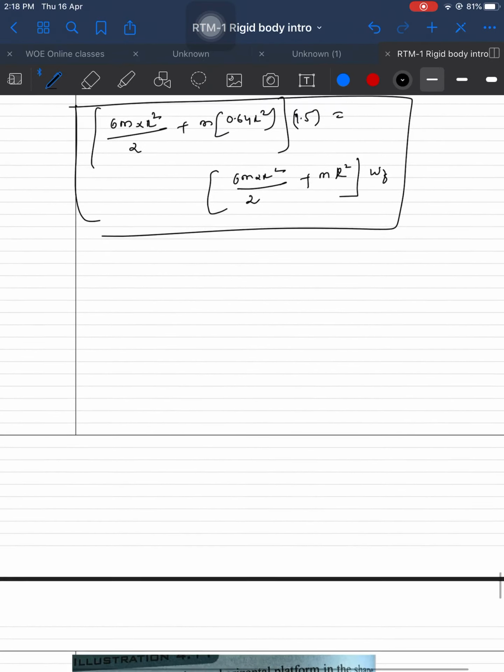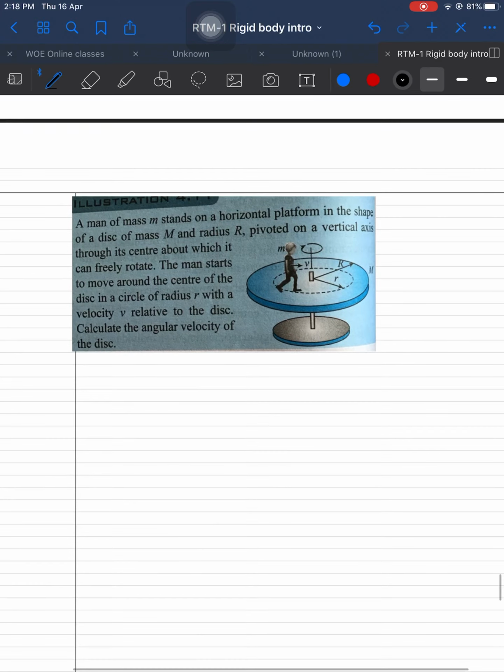Okay, let's see the other question. This is a little different from the previous question. A man of mass m stands on a horizontal platform, a disk of mass m and radius r, pivoted at a vertical axis through its center about which it can freely rotate. The man starts to move around the center of the disk in a circle of radius r.